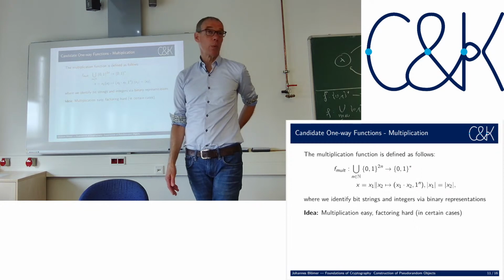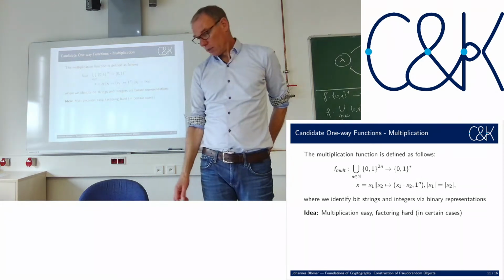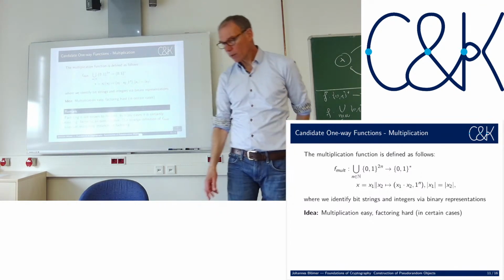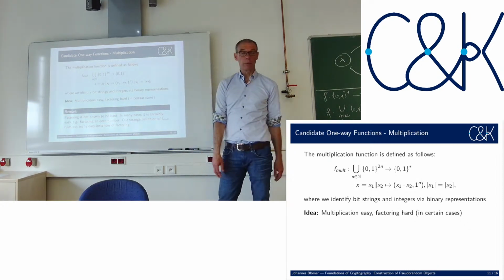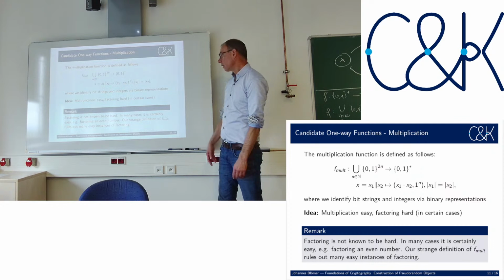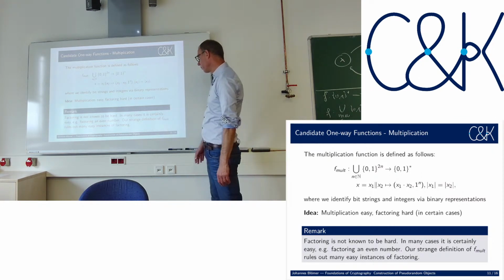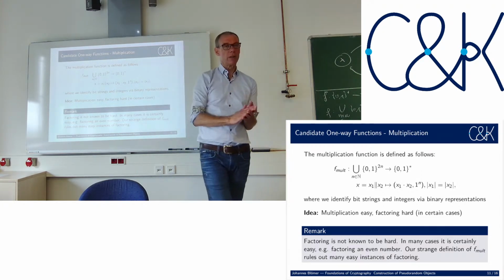And that leads us to weak one-way functions. It's only weak because we still have many easy cases. So factoring is not known to be hard. We cannot prove it. In certain cases, factoring is easy, like factoring an even number, and this strange definition rules out many of the easy cases.